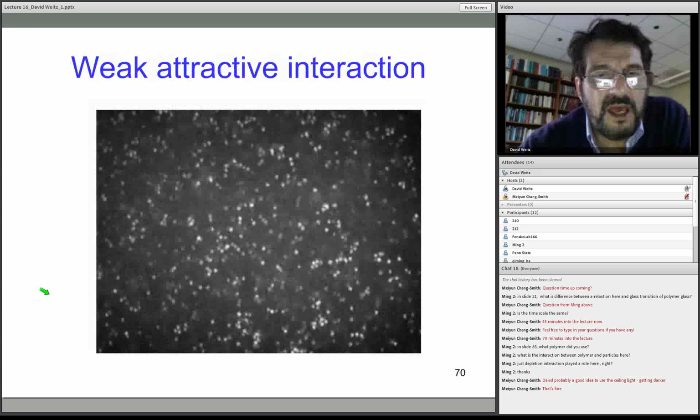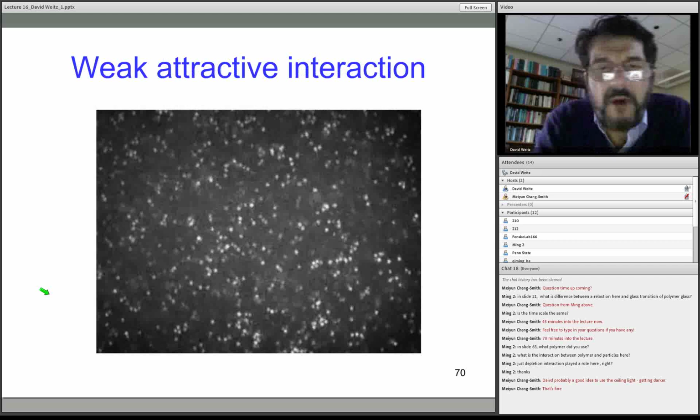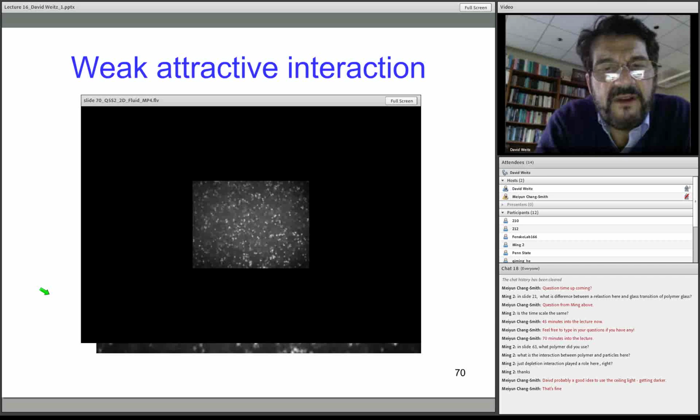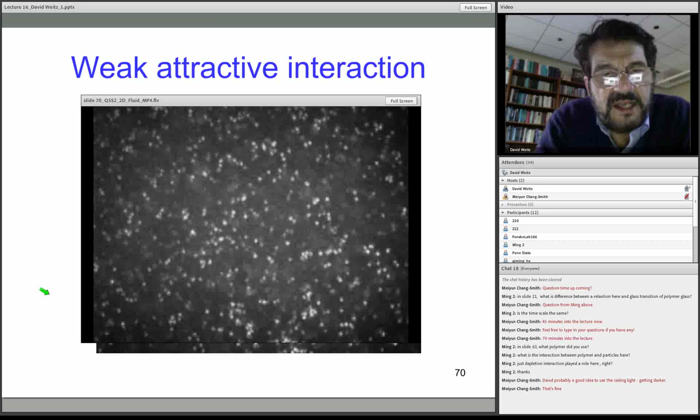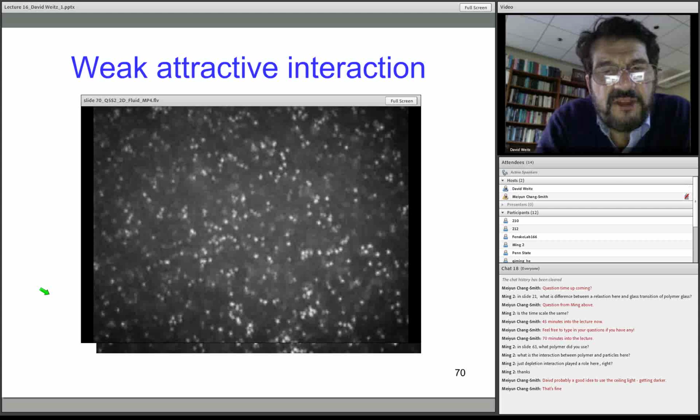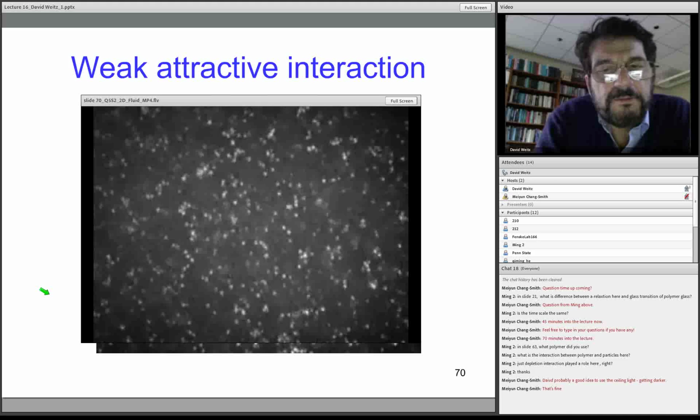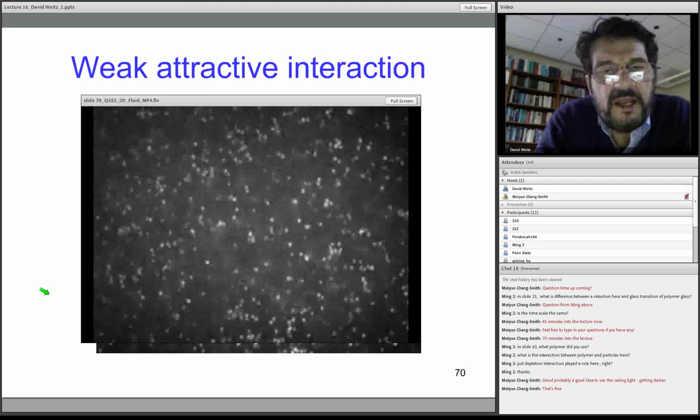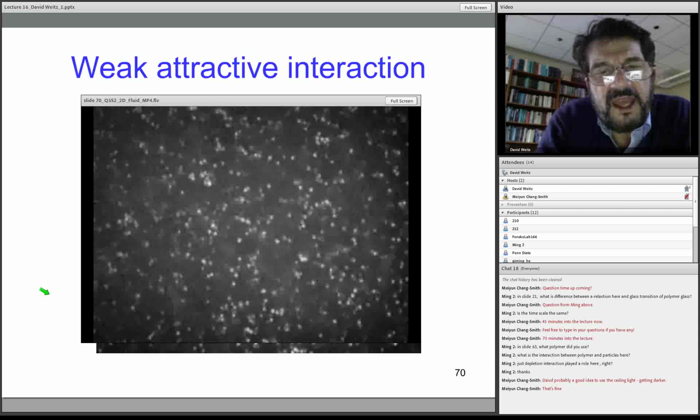The next slide is also a movie, but here's a movie where we've added some polymer. So this is looking at a very weak interaction. And as these play, you can see that now the particles come together. This is depletion interaction in action. You see the particles come together and they're breaking apart.